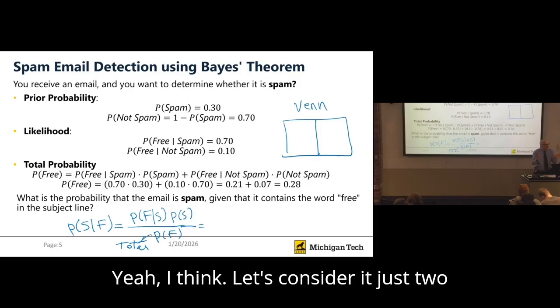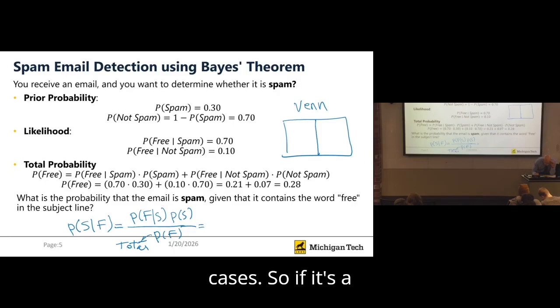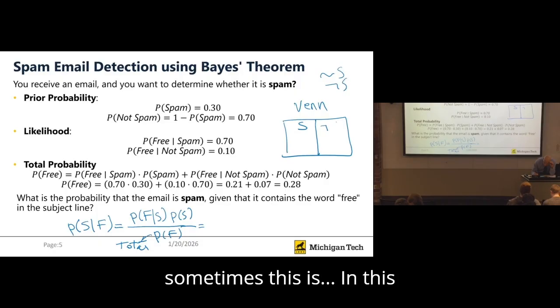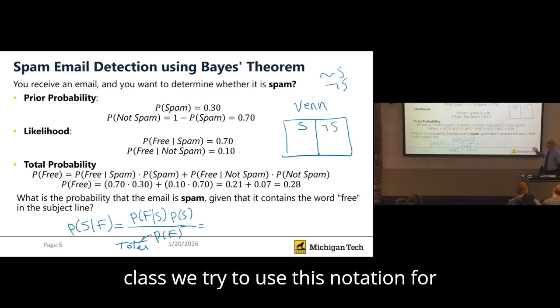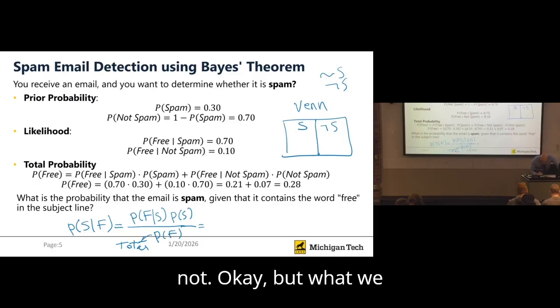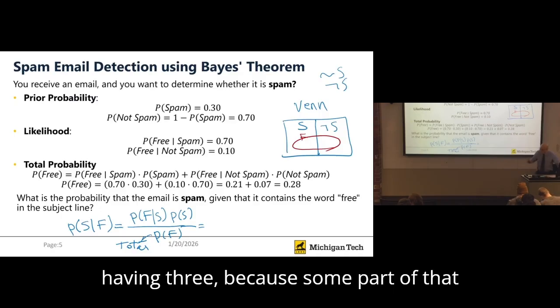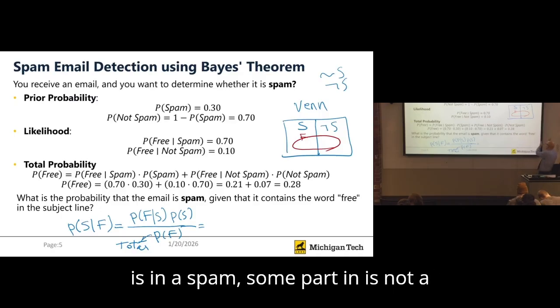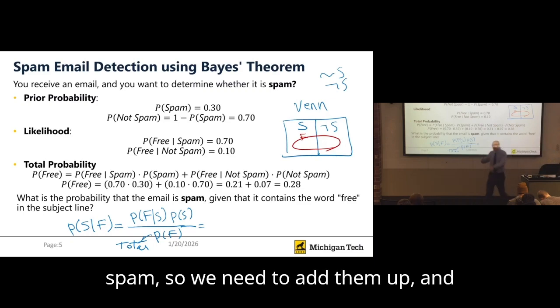Let's consider it just two cases: a spam and not a spam, which we call not. Sometimes we show not with this symbol, sometimes with this one. In this class, we try to use this notation for not. But what we want to find is the probability of having free. Some part of that is in a spam, some part is not a spam, so we need to add them up, and that's the total theorem.